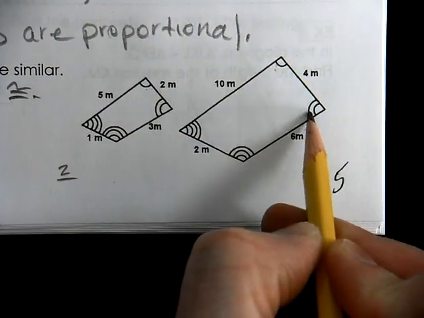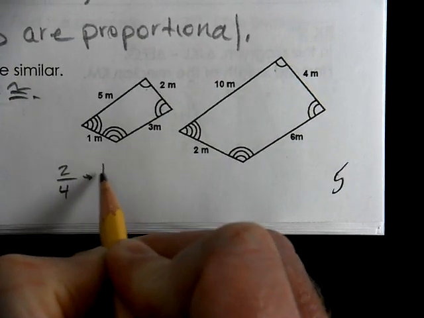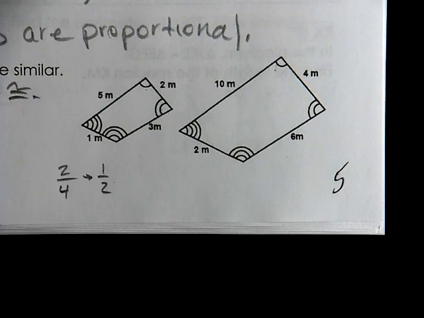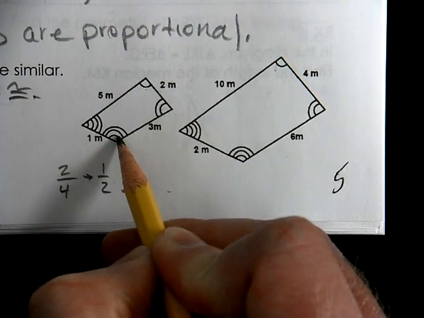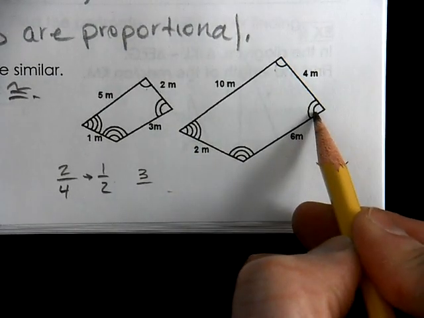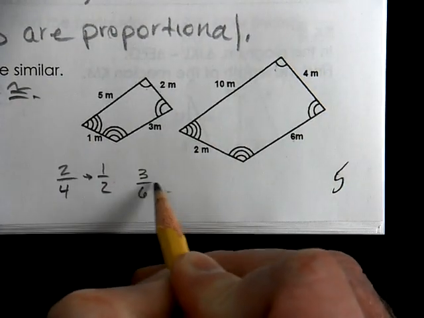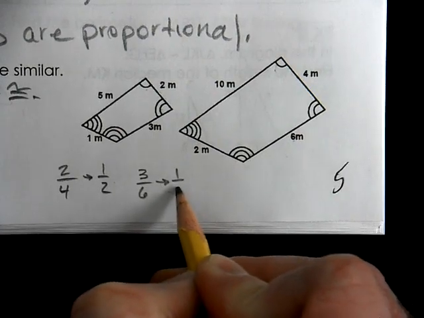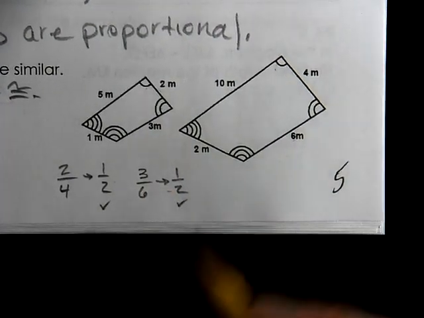Between the 1 tick mark and the 2 tick mark, we have a length of 4. Well, that can reduce to 1/2. By itself, that doesn't mean anything. Between the 2 tick mark and the 3 tick mark, I have a length of 3. Between the 2 tick mark and the 3 tick mark, I have a length of 6. Hey, that also reduces to 1/2. We're getting somewhere. Those two match.